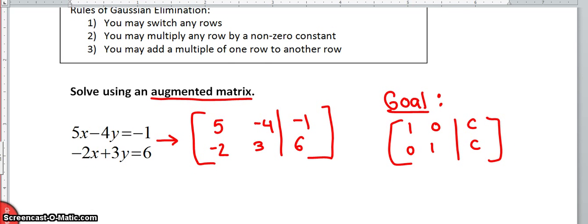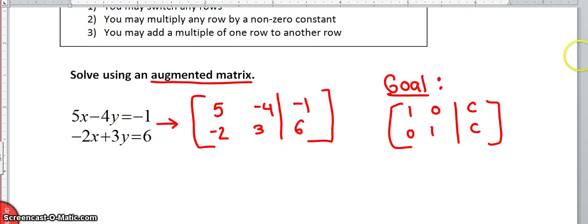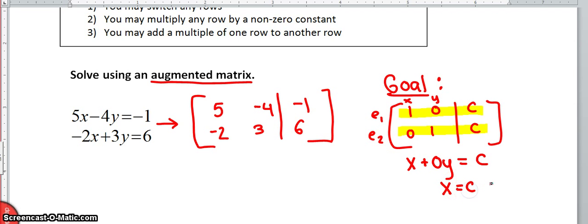Now let's think about why we might want this. In order to make our augmented matrix, I took the variables out. At the end, you're going to have to put them back in. So remember, this was my x column, this was my y column, this was equation 1, and this was equation 2. If I put my x's and y's back into this simplified version of the matrix, we would have x plus 0y is equal to some constant, which really would just give us x equals a number.